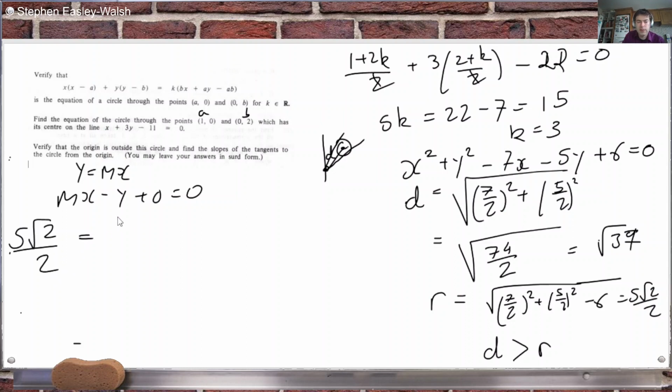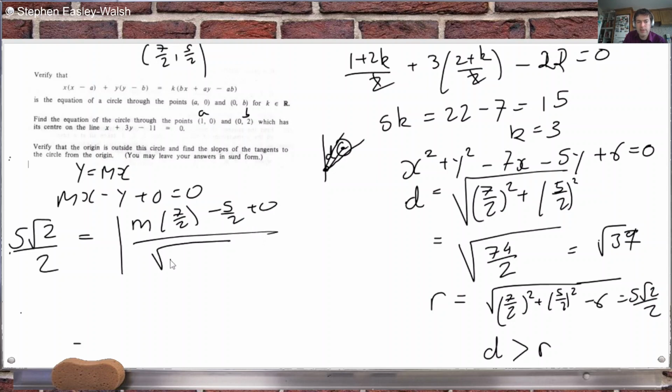That should equal absolute value. Oh, and the center of the circle is 7 over 2, 5 over 2. So that'd be m times 7 over 2 minus 5 over 2 plus 0 over root m squared plus 1. We square everything.